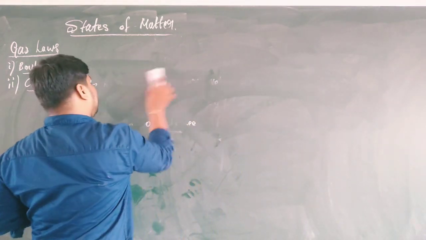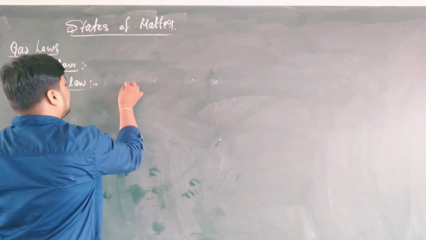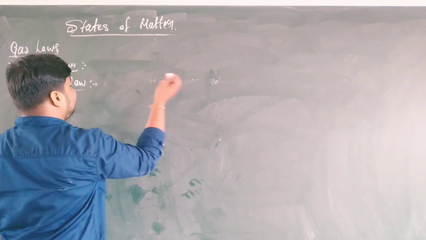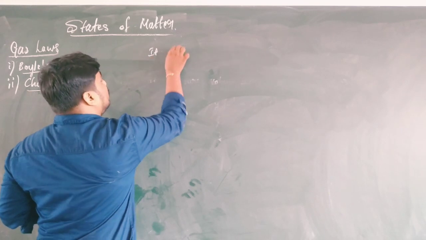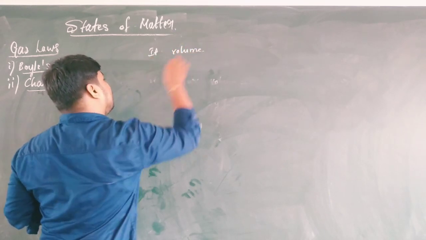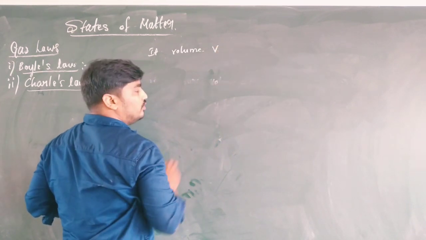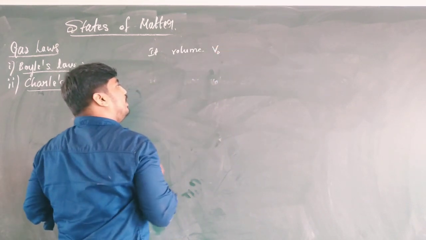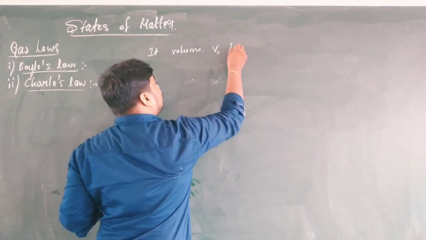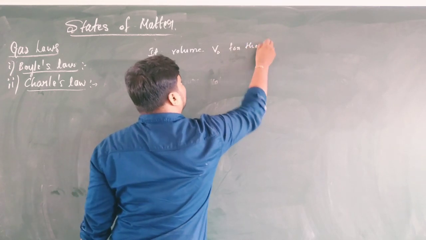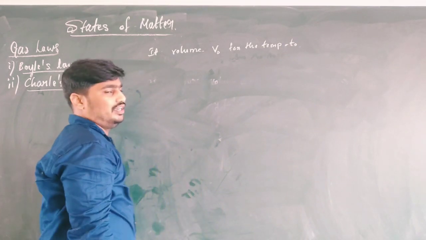By considering the statement, the mathematical form becomes, okay, suppose the initial volume is V naught, and it is for the temperature T naught.